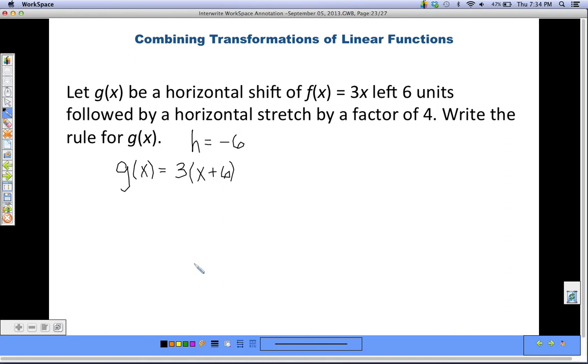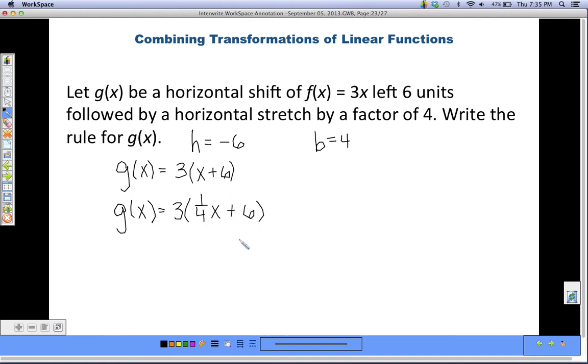So x plus 6. H is our liar. So now we are going to horizontally stretch this, which means we have to do our 1 over our b. Well, our b is 4. So we now have that g of x equals 3 times 1 over 4 times x plus 6.